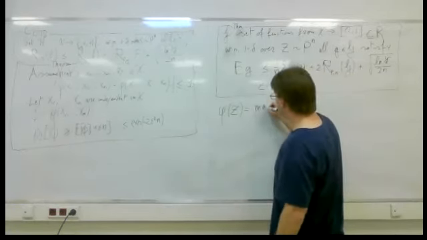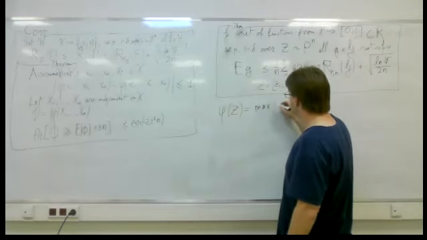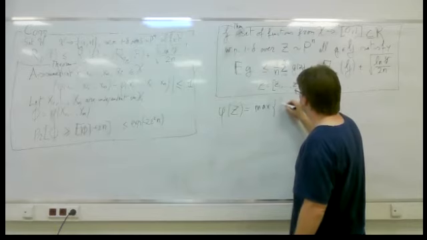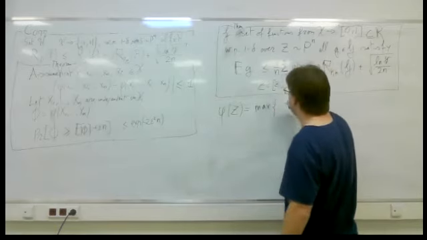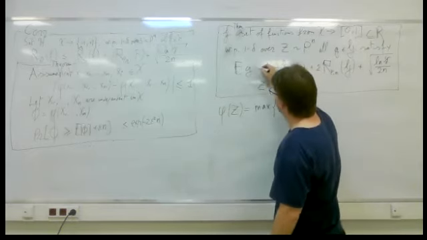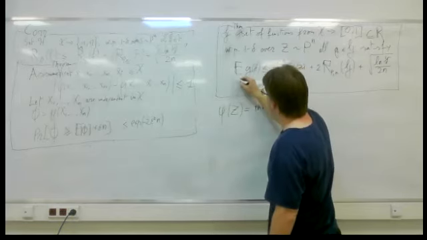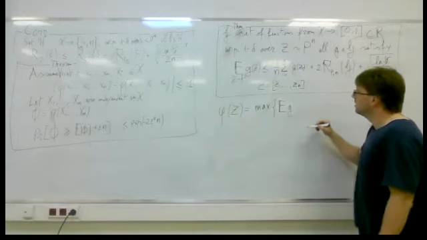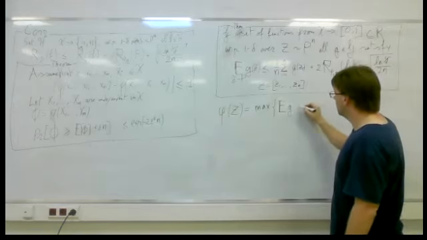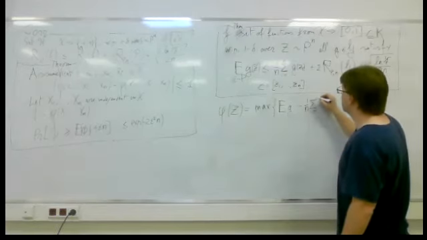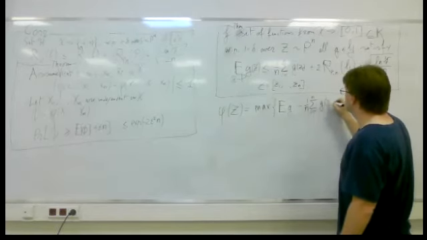So this is equal to the maximum over G of the left-hand side. Here with the expected value, I just mean that we take a test point according to P, minus 1 over n, the sum i equal to 1 to n of G of Z_i.